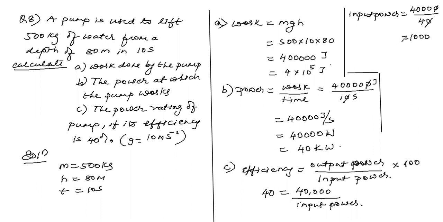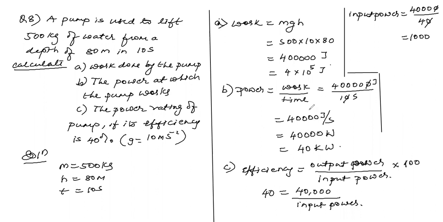So what is this? 1,000 input power is 1,000. Wait, somewhere I made a mistake, children.